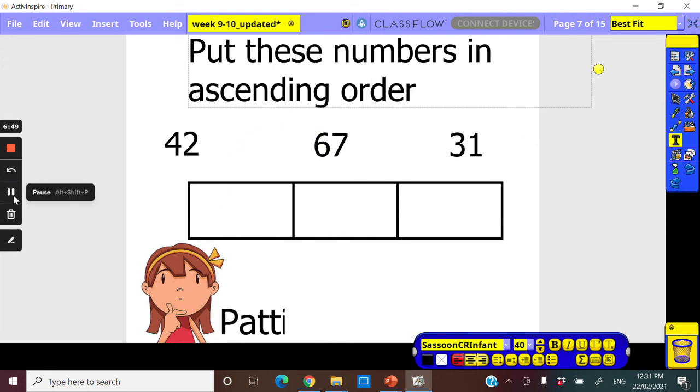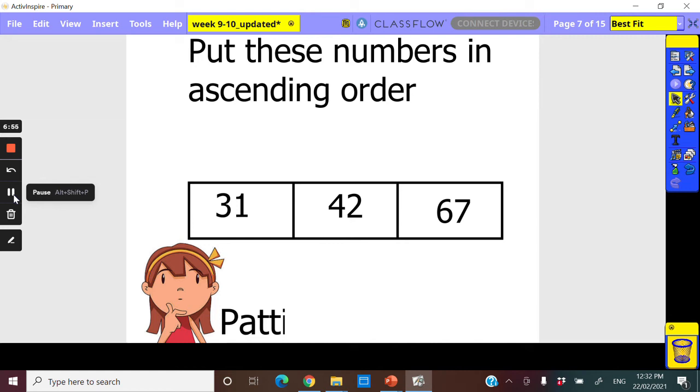Do that on the piece of paper in front of you and then press play when you're ready to check your answer. This is ascending order. 31 is the smallest, then 42, and then 67. Smallest to biggest. Press pause to fix up your answer or give yourself a tick. Fantastic work.